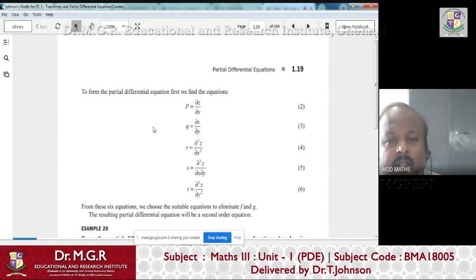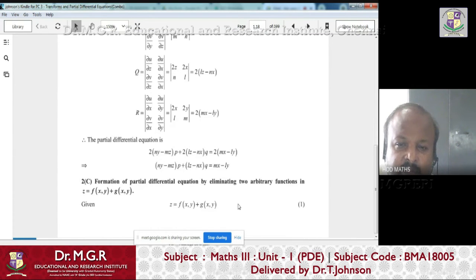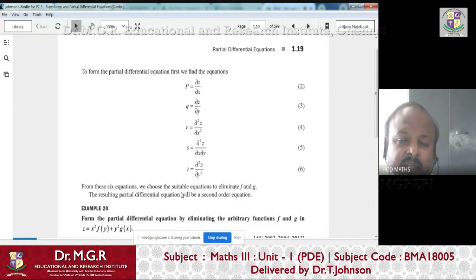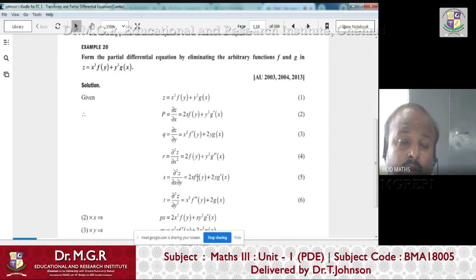For Pp plus Qq equals R, where P, Q or R are functions of x, y, z only, small p and small q are present only when the equation has only one arbitrary function. But if the equation has more than one arbitrary function like this, in the formation of a PDE by eliminating two arbitrary functions of x and y, then definitely you will come across R, S, T. That means you have to differentiate more than once here, right?